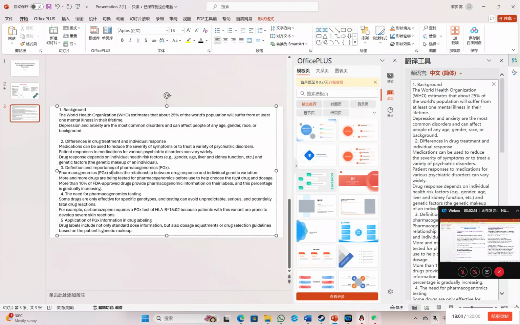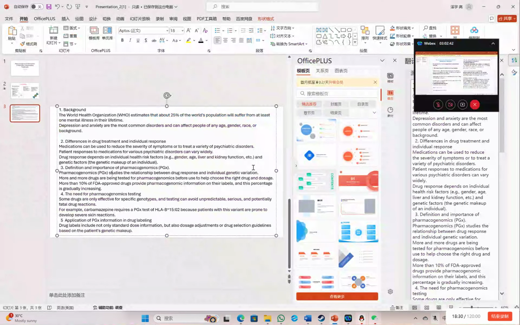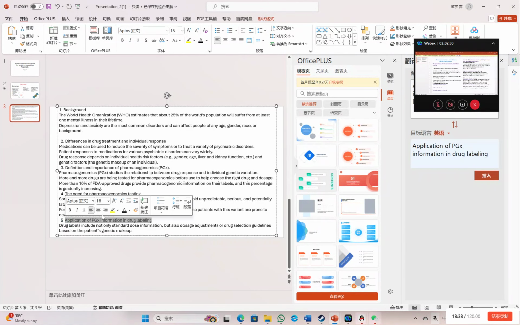From the concept, the impact of genetic variation on drug response, I think Song has mentioned about that, that is fine. But then Song, maybe you want to give example of the medications for antidepressants and antipsychotics, and what would be the genetic variation if you can screen from the article.